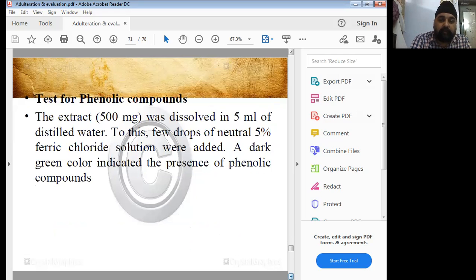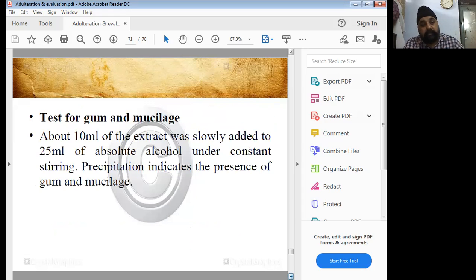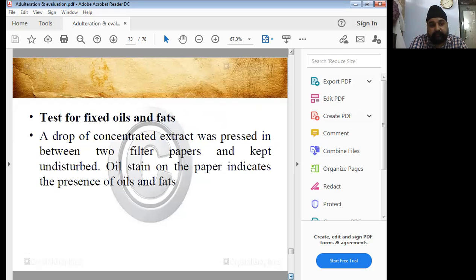For phenolic compounds, a separate test is there where we extract the material, then add ferric chloride solution to it. If a dark green colored precipitate forms, it means it contains phenolic compounds. Then tests for gums and mucilages are also there. We first make an extract, then add 25% absolute alcohol. If precipitation occurs, it means it is gum and mucilage.